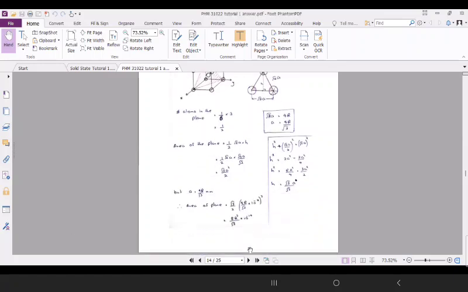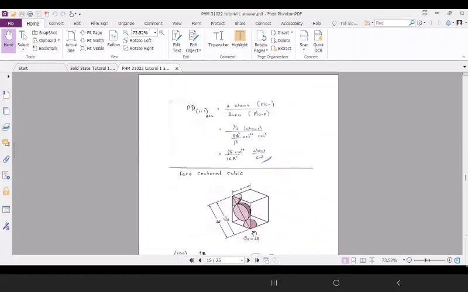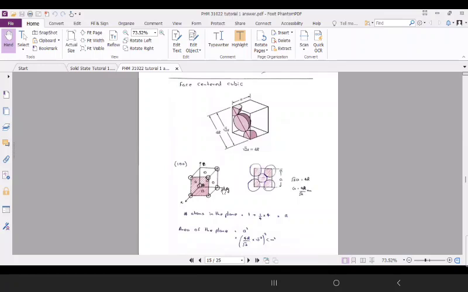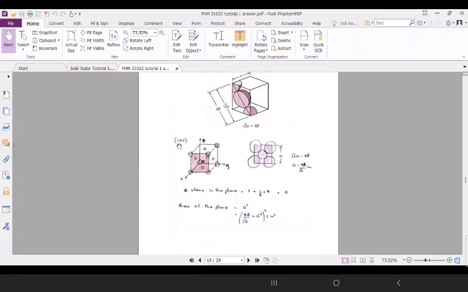Then we have to do this again for face centered cubic. See, in this case, face centered means we only have atoms in the face, not body centered. So for the first coordinates 1, 0, 0, think about it, and this should be the exact plane we want.